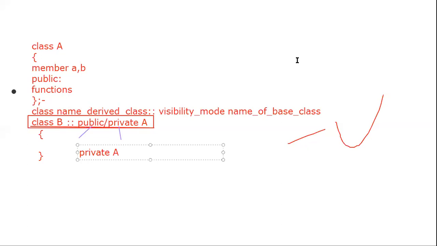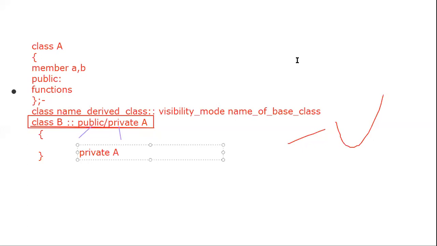Therefore the public members of your base class are not accessible by the object of the derived class. They will not be accessible from the object of your derived class. Only it is valid for your member functions. That's why we mark it as private A.